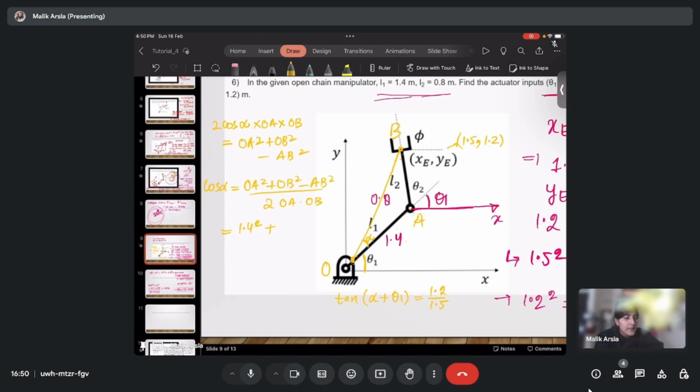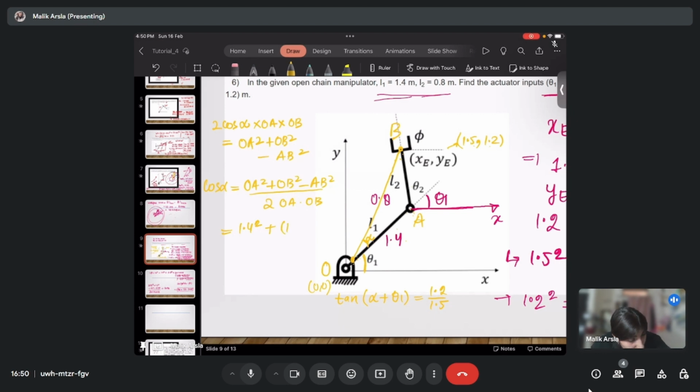What is the length OB? See, this point's coordinates are 0, 0, and this point's coordinates are 1.5 and 1.2. So OB will be 1.5 square plus 1.2 square.